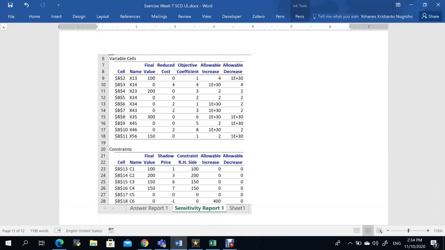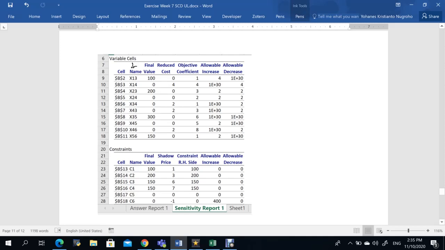Column number 1 explains the location of the variables in our sheet, the second column is the name of the variables, and the third column is the final value, that is the quantity delivered from 1 to 3.